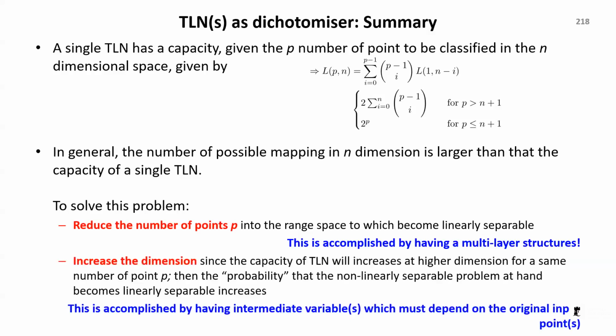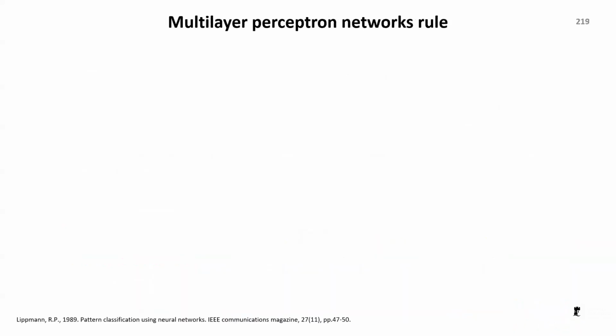Because if we increase the dimension, we increase the capacity of the perceptron, so we increase the probability that the problem shifts from a nonlinearly separable problem to a linearly separable problem. And how do we do it? We have an intermediate variable that is a function of the original input points to increase the dimension, which is the kernel functions. Okay.